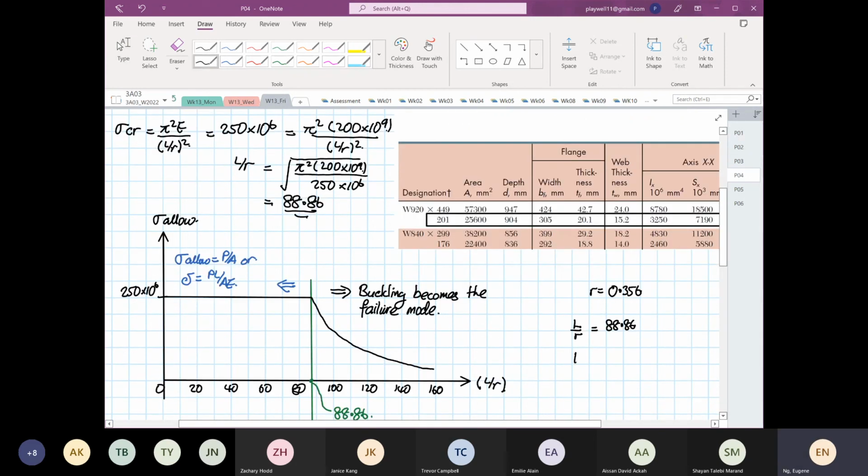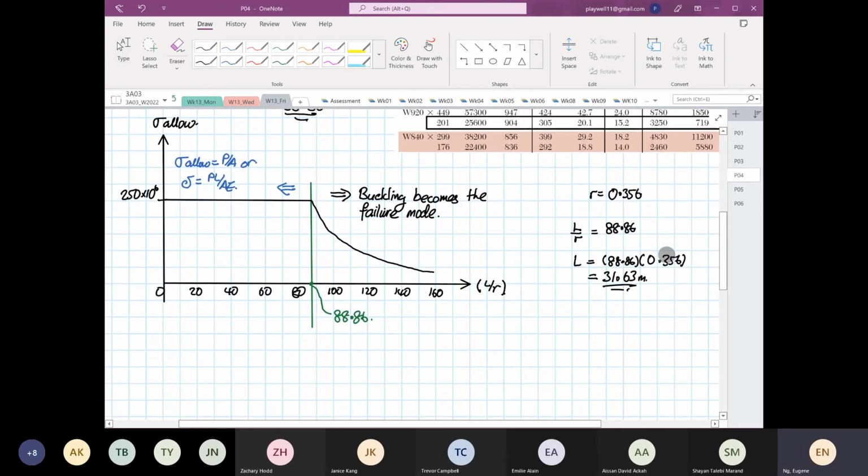And then your length: 88.86 multiplied by 0.356, so it's 31.63 meters. So what does this mean?